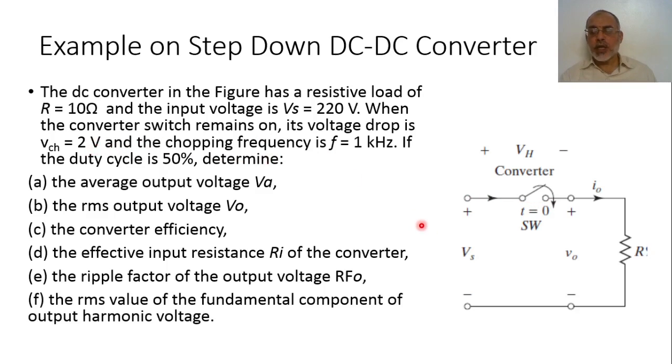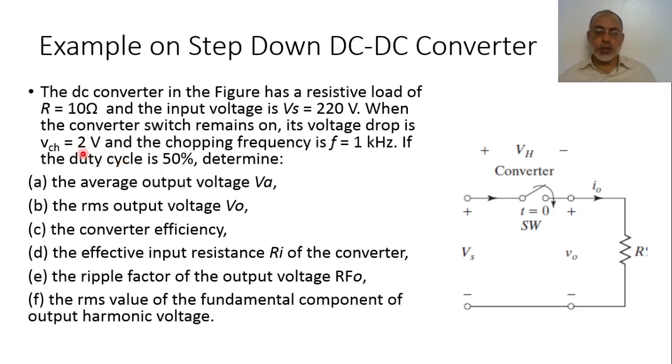This means that if I have the source voltage 220 volts and a voltage drop of 2 volts here, the voltage that actually reaches the load is 220 minus 2 volts, so it would be 218 volts. So when the switch is on, there is a voltage drop at the switch of 2 volts.